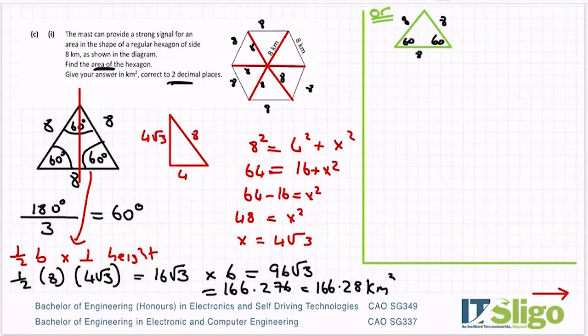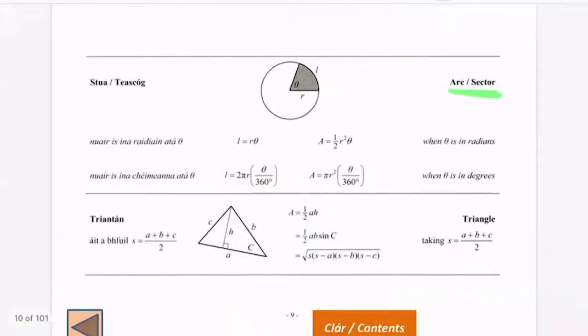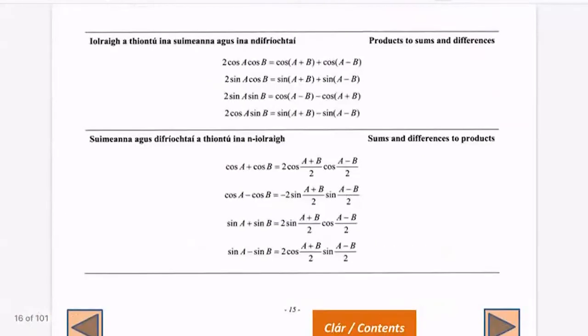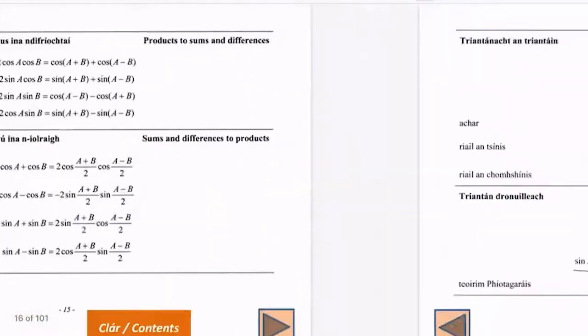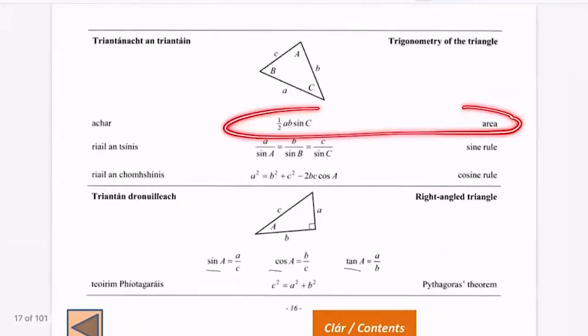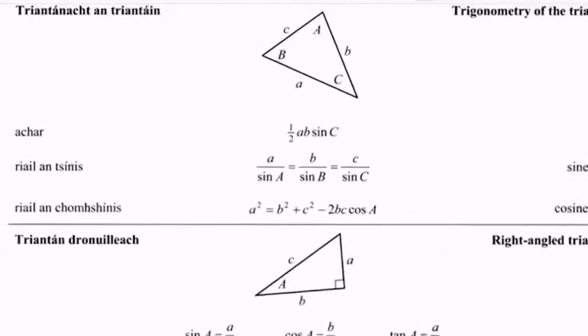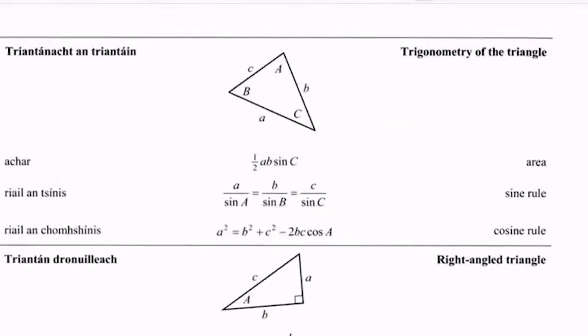Let me go to page 16 again. I'm going to use this one here: half AB sine C. I just want to draw your attention to this one, because there's only one thing you can do wrong with it, and that's not taking the right angle.